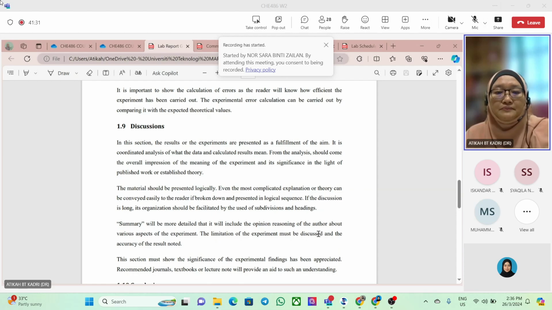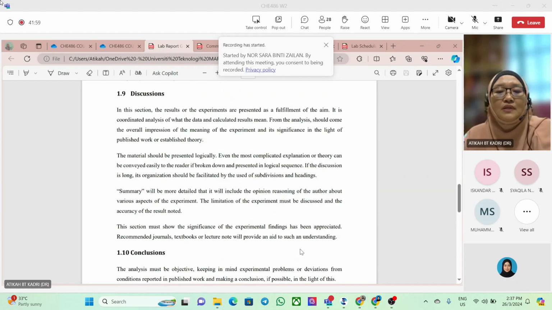So make sure that if the discussion is very long, you segment it into subdivisions. If the discussion is so heavy, you can break it down into subdivisions, so then it's going to be much clearer.